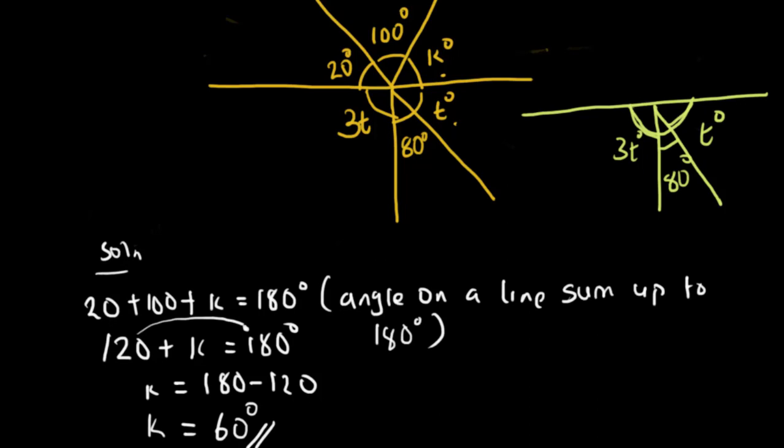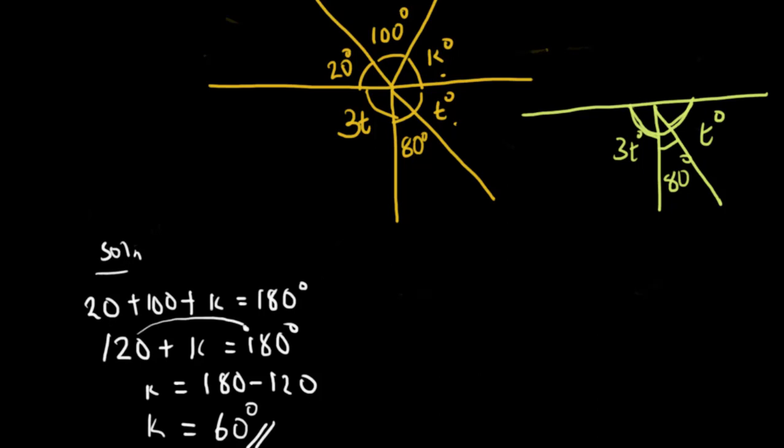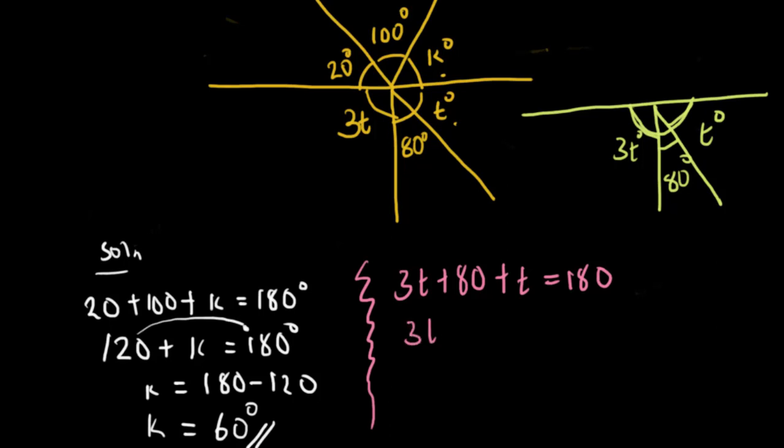Can I rub off this part so that I can do this? So if I add all the angles on the part, I'll have 3t plus 80 plus t equals 180. Why? Because angles on a line sum up to 180 degrees. Does this make sense? So if I collect like terms, I'll have 3t plus t plus 80 equals 180 degrees.